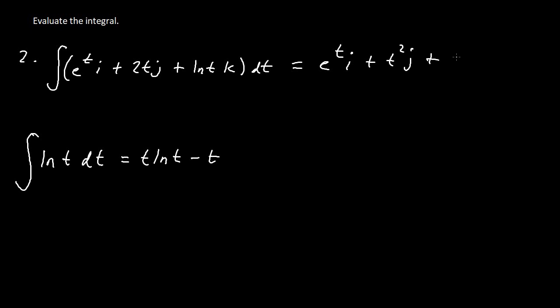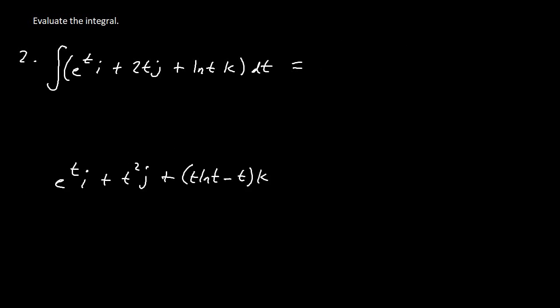So we can put t times the natural log of t minus t, and remember that entire thing is with the k unit vector. So we have to put the entire thing in parentheses multiplied by k. Now remember, this is going to be an indefinite integral, so we have to have the plus C at the end. So that is going to be the final answer.